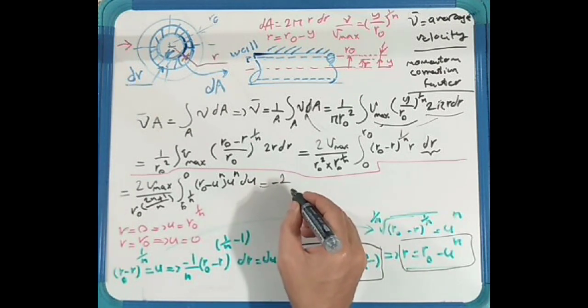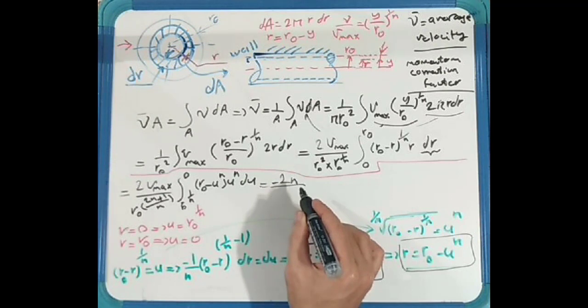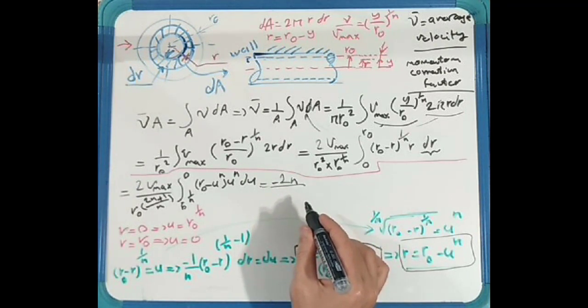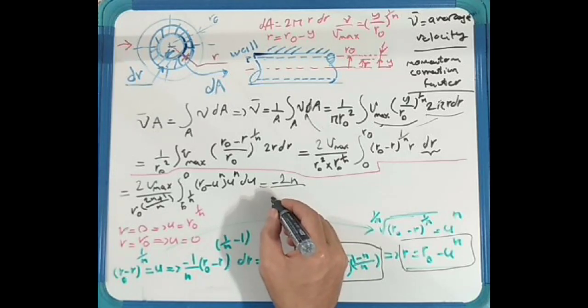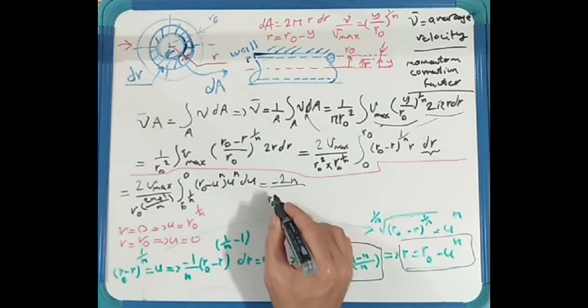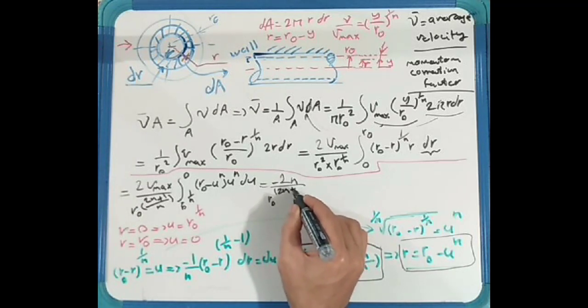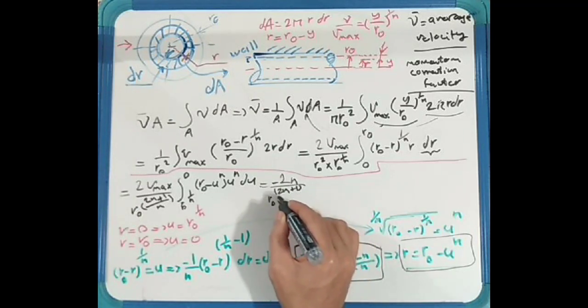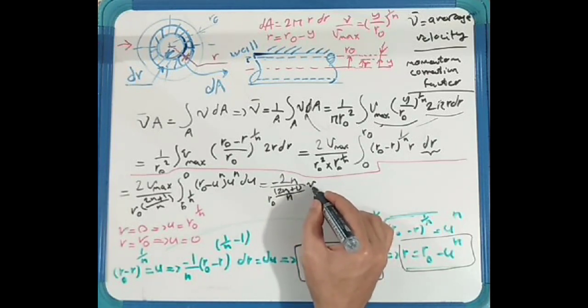And after that, I will have such a form: n R0 to the power of (2n plus 1) over n V max.